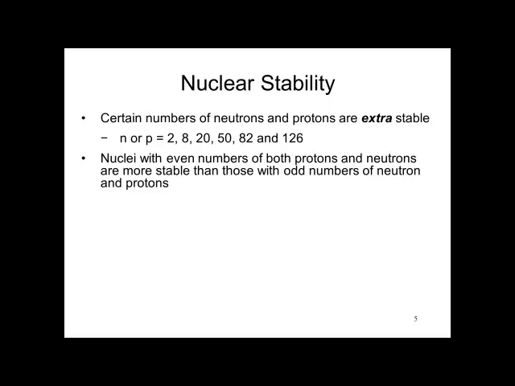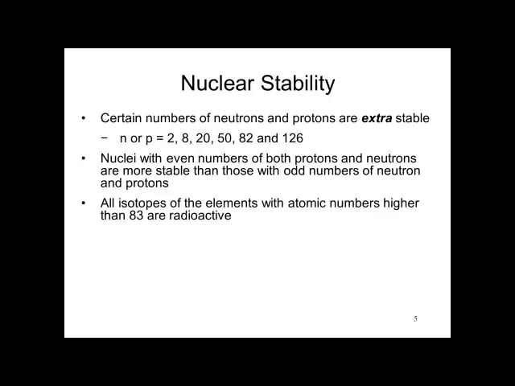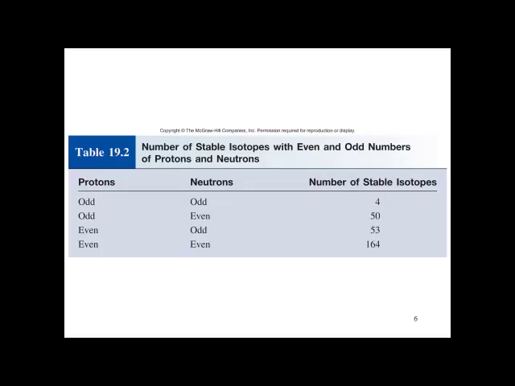Nuclei with even numbers of both protons and neutrons are more stable than those with odd numbers of neutrons and protons. All isotopes of elements with atomic numbers higher than 83 are radioactive. All isotopes of technetium and promethium are radioactive. Here's a table showing the number of stable isotopes with even and odd numbers of protons and neutrons.